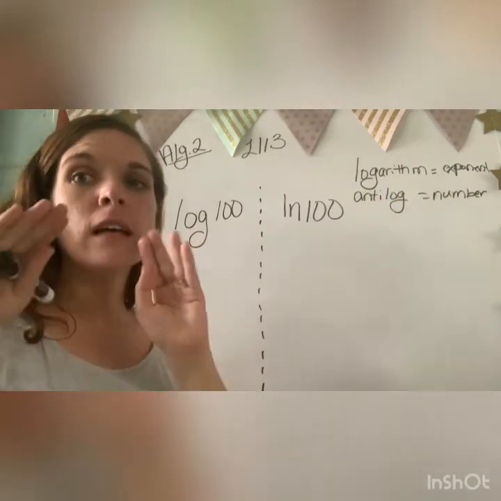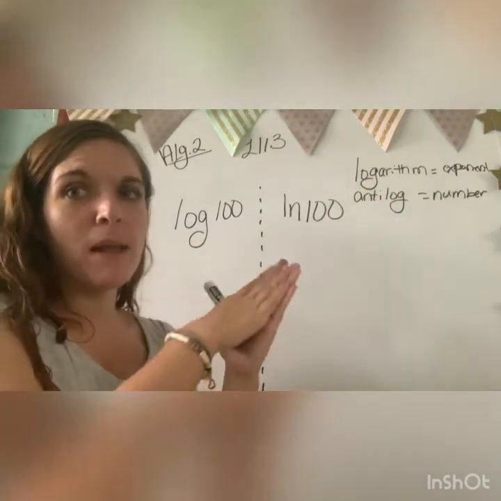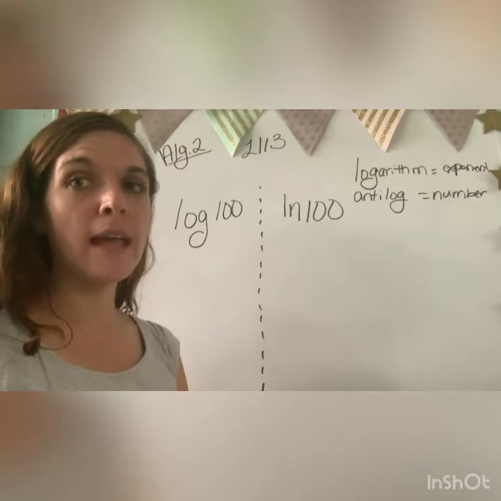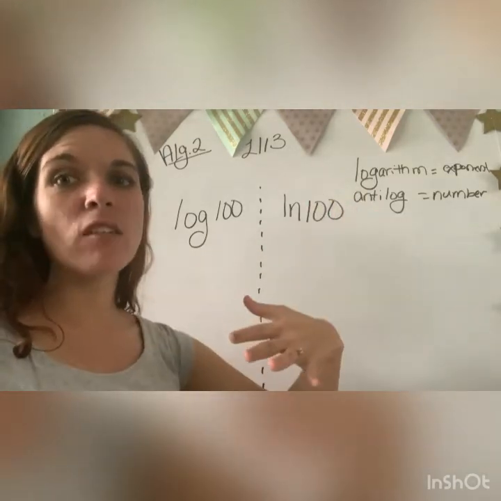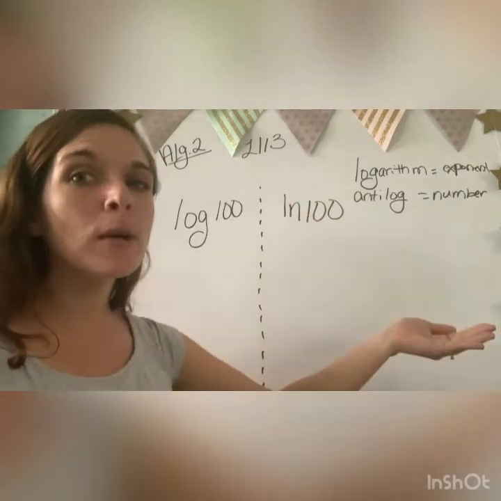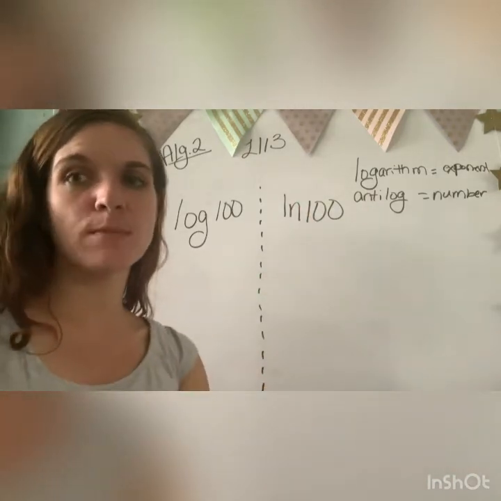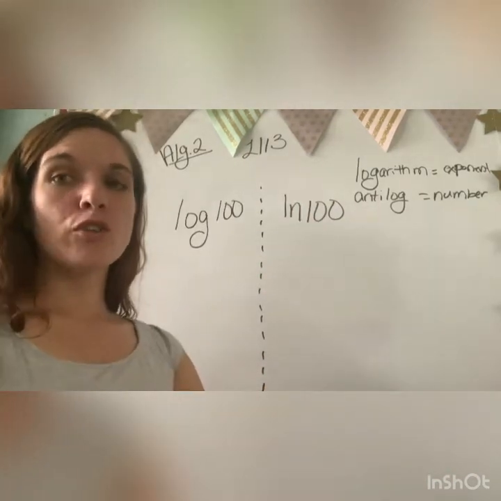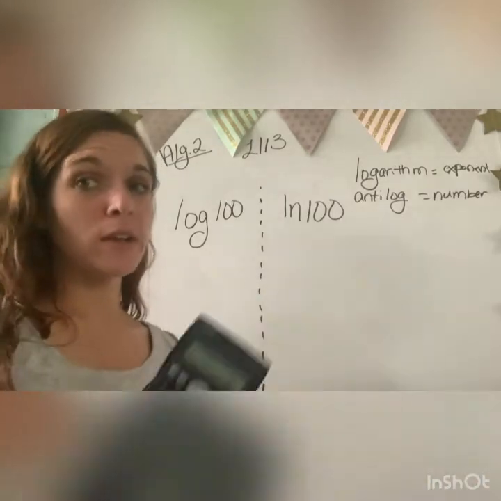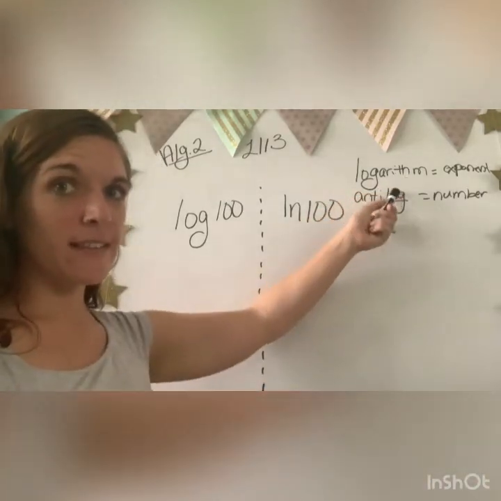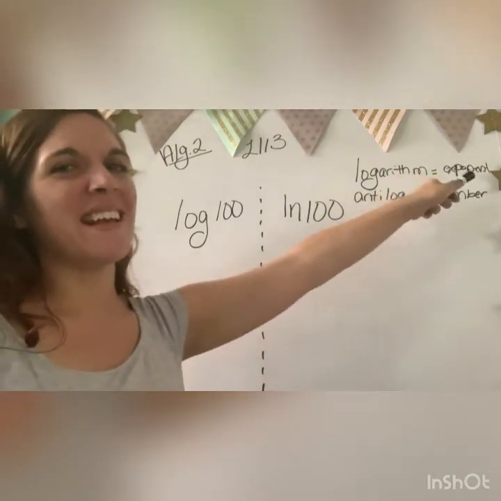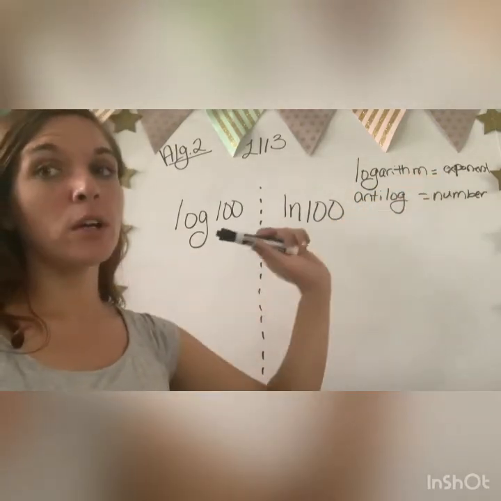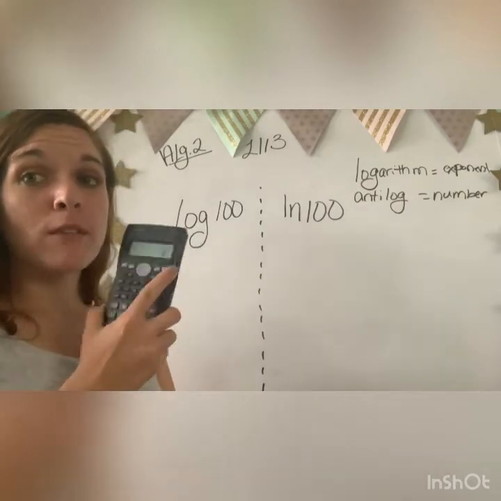So first, bit by bit, byte by byte, let's remember that part first. Logarithms are just an exponent. Anti-logarithms are just the number that you get after getting an exponent. So after you understand the definitions here: logarithm, exponent; anti-log, number.